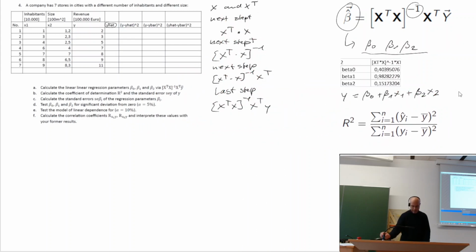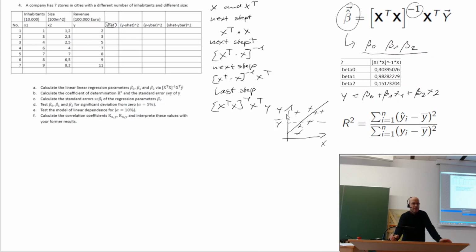We have our data points somewhere lying there. This would maybe be our regression line, so y and x. And then we have the average of all our y data points, y bar. Remember, we are always calculating these averages first because we want to have one representative for our distribution.